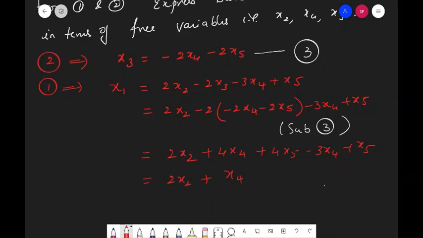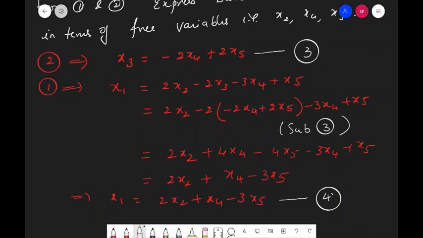The sign here should be minus, so minus 4x5 plus x5 will be minus 3x5. So now I have x1 value as 2x2 plus x4 minus 3x5. This equation is 4 for me.